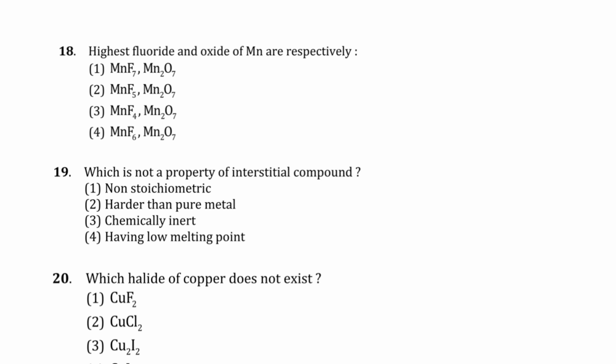Already I explained somewhere previously that generally d-block elements show higher oxidation states. So manganese shows MnF4 and the oxide is Mn2O7. Therefore, this is based on remembering, and that is why the third option is correct.